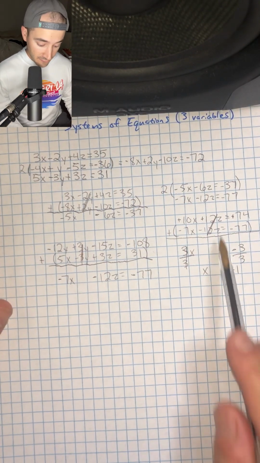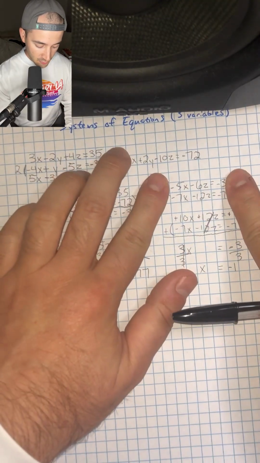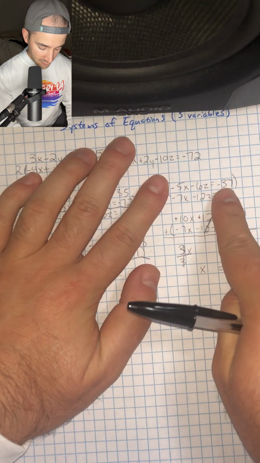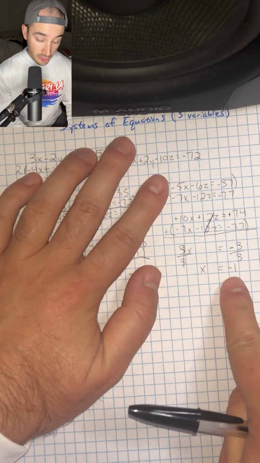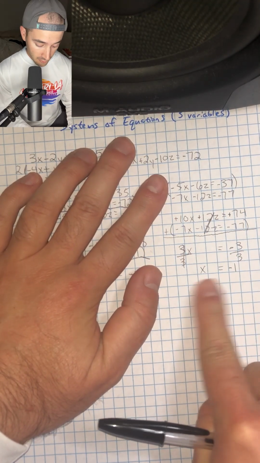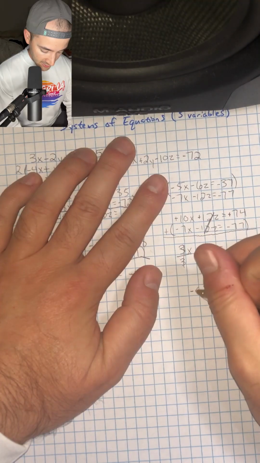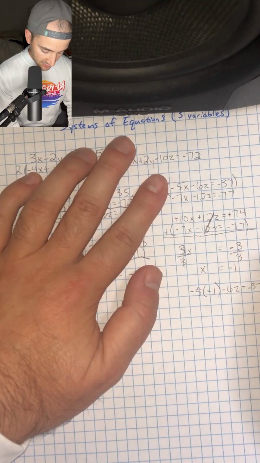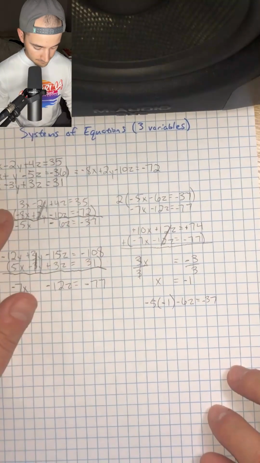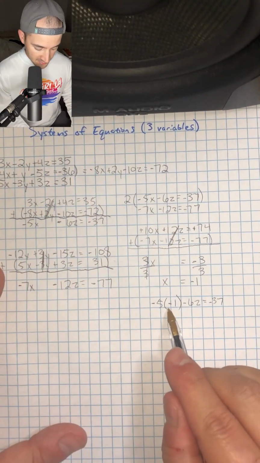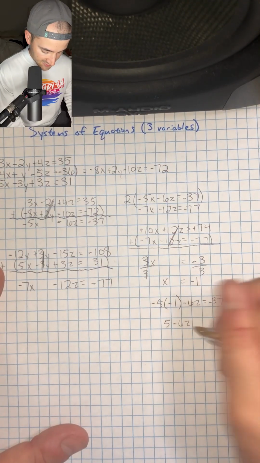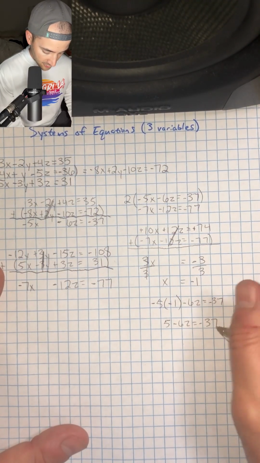So now to solve for z, let's just go back to this equation right here. So negative 5x minus 6z is equal to negative 37, and plug in our new x value that we just solved for. So we're going to have negative 5 times negative 1 minus 6z is equal to negative 37. So negative 5 times negative 1 is positive 5 minus 6z is equal to negative 37.